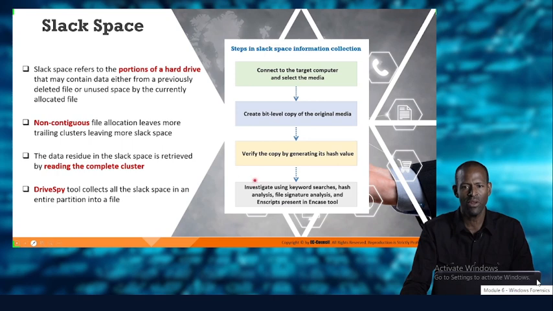And one of the very nice ones we can use to look at that information is Drive Spy. Drive Spy is very nice. We'll see that in the labs. It's a tool that collects all the slack space in an entire partition, and it puts that slack space into a file that you can examine.